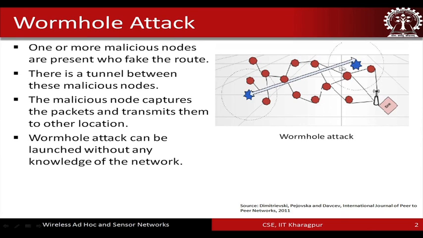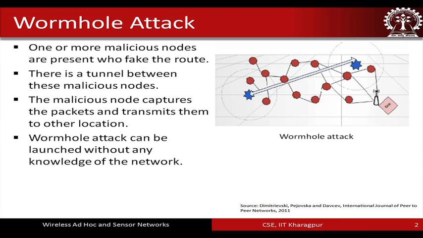It pretends that it is a legitimate user and that this route is part of the regular network, which actually it is not, and the data is siphoned out of the network to another malicious entity. So, the malicious node basically captures the packets and transmits them to the other location.